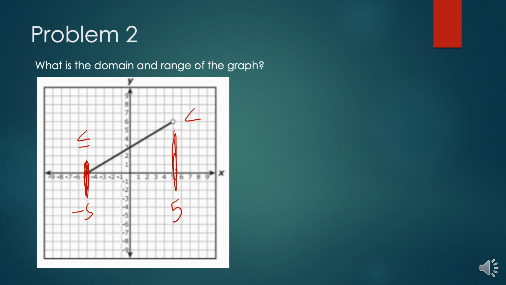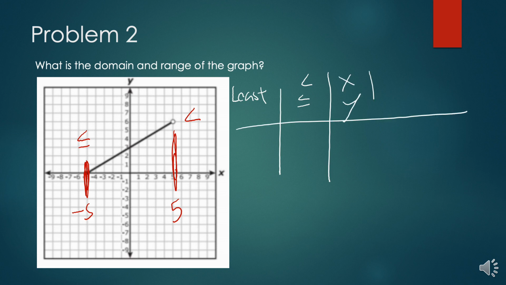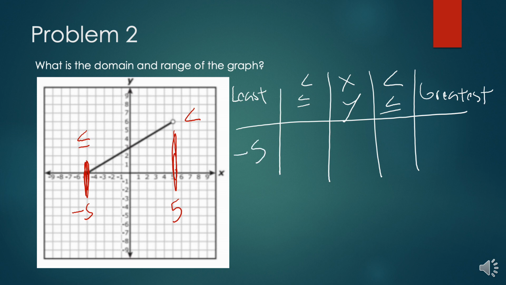So now I can make my graphic organizer again. Least, signs, and then greatest. So my least side is -5. I have a less than or equal to there.